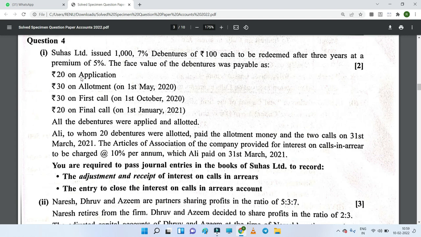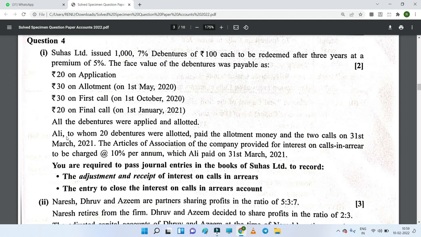Question number 4 says, Suhani Limited issued 1,000, 7% debentures of rupees 100 each to be redeemed after 3 years at a premium of 5%. So it was issued at a premium of 5%, that is 105 rupees. On application 20 rupees was paid, allotment 30, first call 30, and the second and final call is rupees 20.